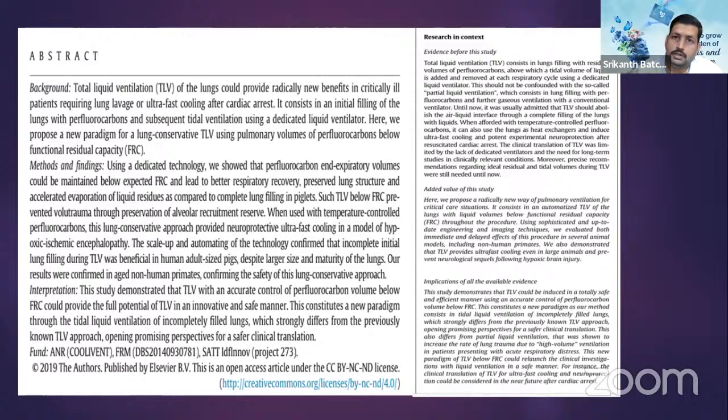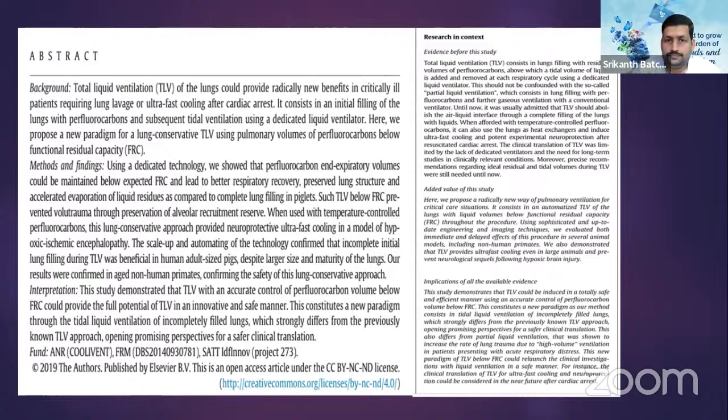Even the non-human primates fared very well with total liquid ventilation using this concept of infusion below the functional residual capacity, according to this study. They say that when you take care of this, and they have upgraded the technology too.